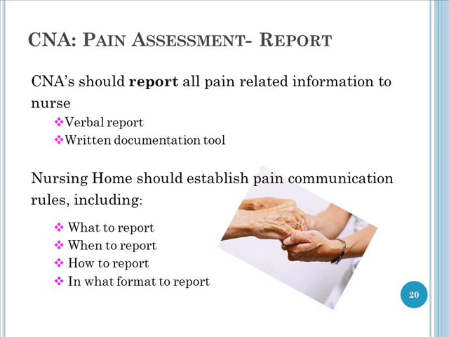So there's a written record that can be used from shift to shift to see what's happening with that patient. It's important for nursing homes to have a communication plan or rules about what should be reported, when it should be reported, how to report it, and in what format to report the information that you are getting from your daily interactions and observations of the patients that you work with.